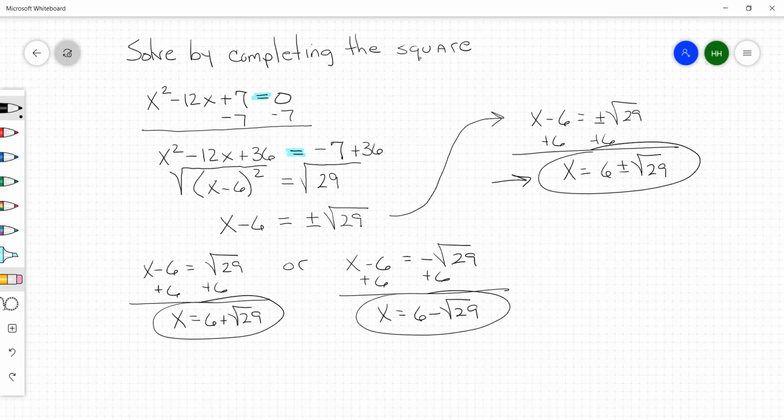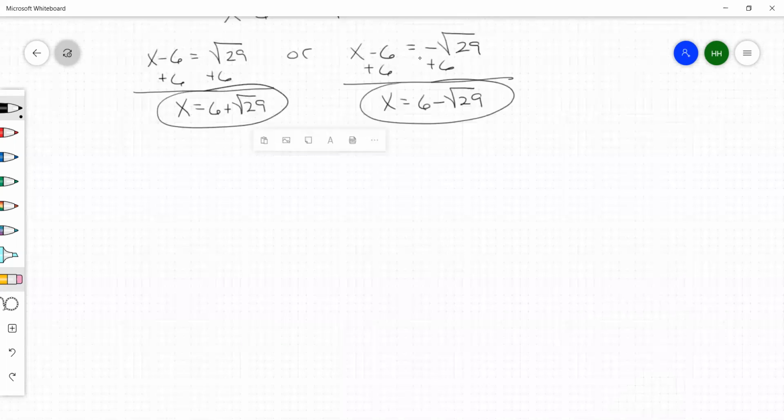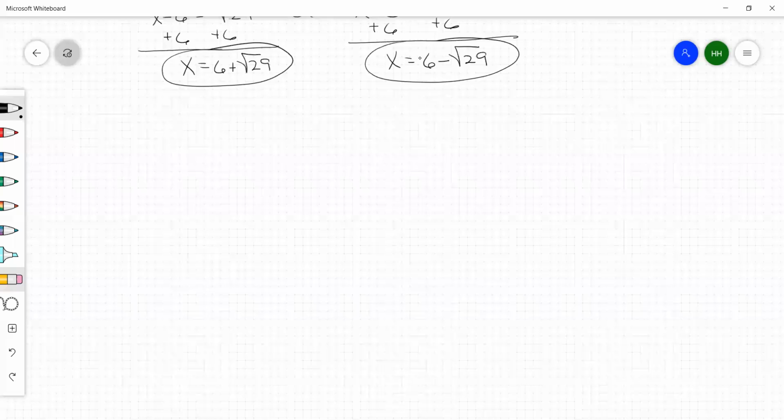Let's try another one by completing the square. Let's try x squared minus 2x equals 5. Now, if they give you x squared minus 2x equals 5, leave some space in here, because you got to add something to both sides.